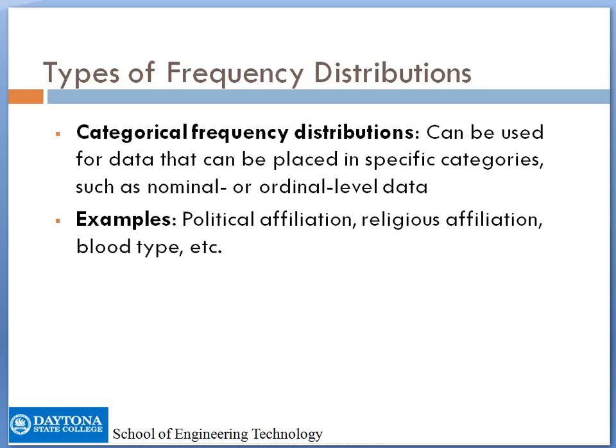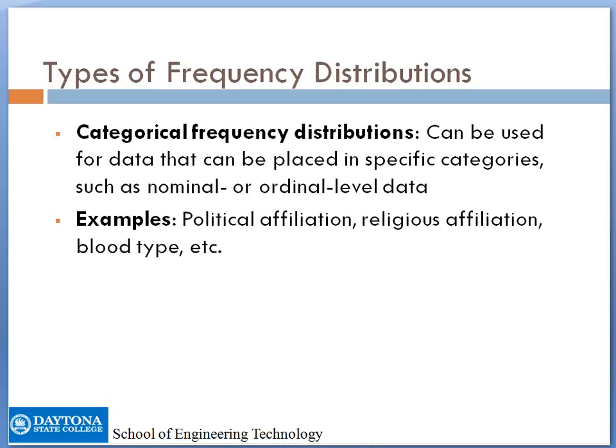Now, there are different types of frequency distributions. The first one is the categorical frequency distribution, and it can be used for data that can be placed in specific categories, such as nominal or ordinal level of data. For example, political affiliation: in the United States, you have Democrats, Republicans, and independents.